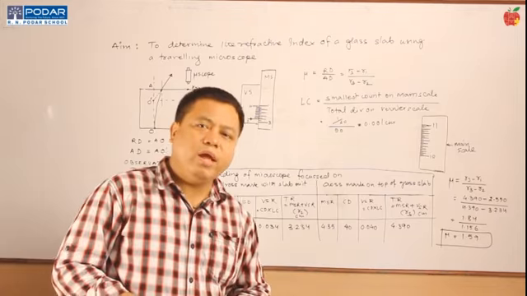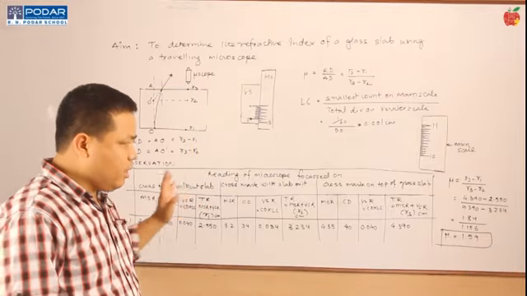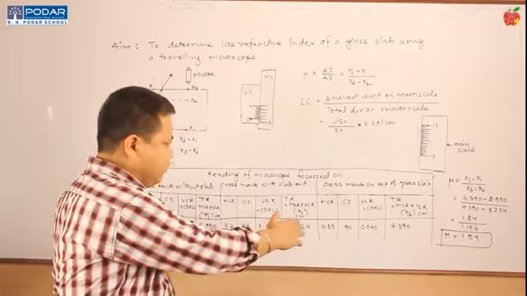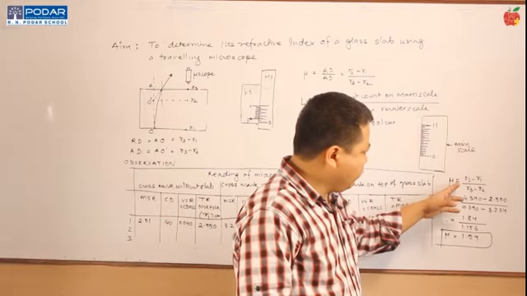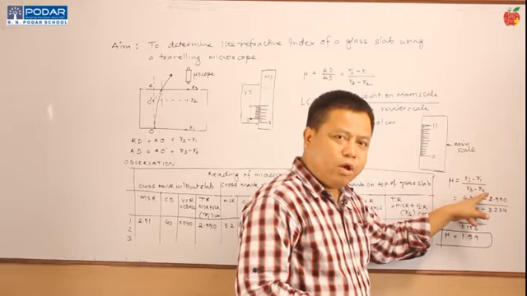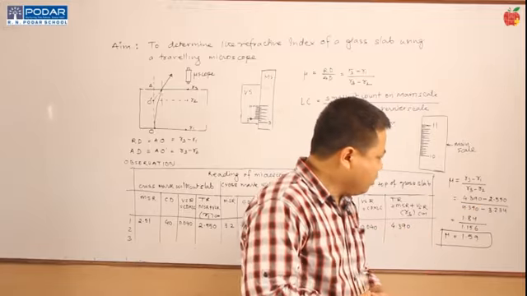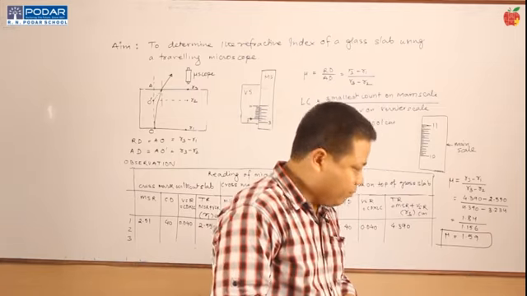So this way we have to take three sets of readings: R1, R2, R3, R1, R2, R3 and R1, R2, R3. With these observations I have calculated my refractive index. R3 minus R1 is the real depth, and R3 minus R2 is the apparent depth. With this data I did the calculation for the refractive index.